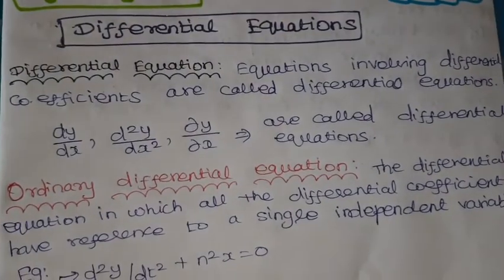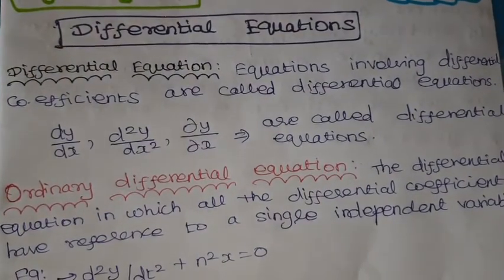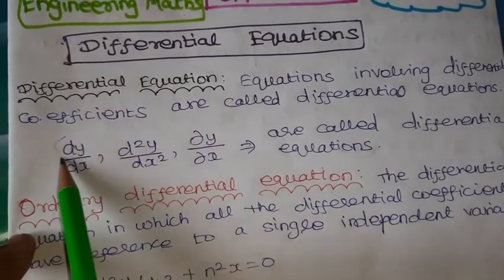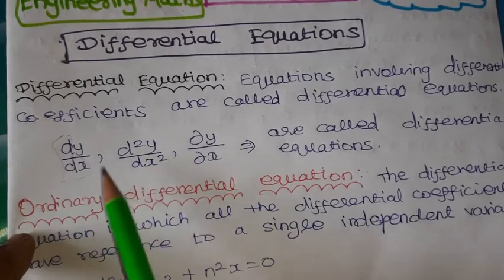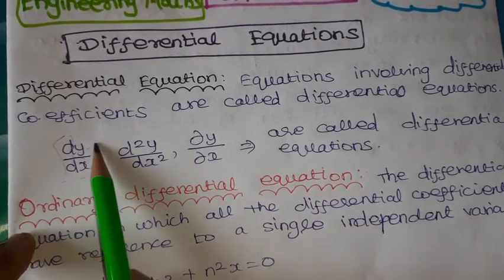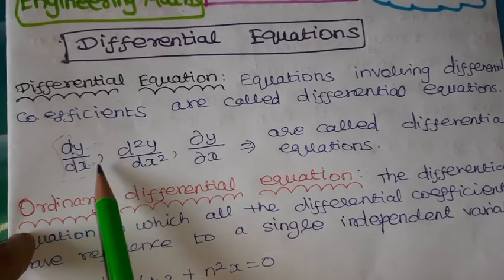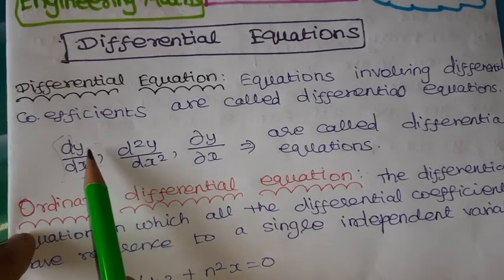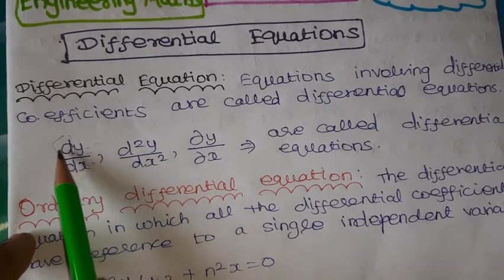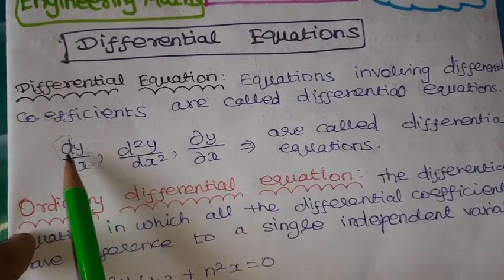What is the difference between ordinary and partial differential equations? See, in dy by dx, this x is called the independent variable and this y is the dependent variable, because y is dependent on x.